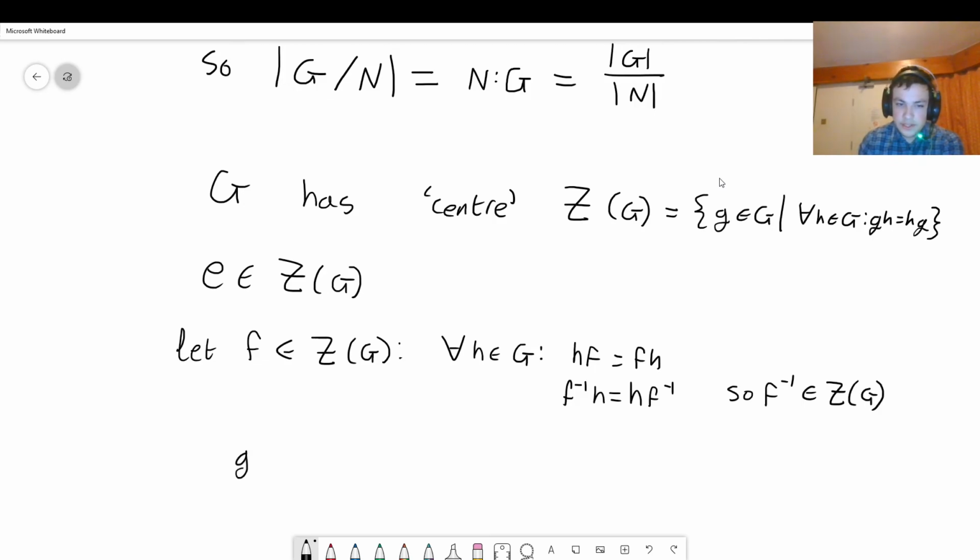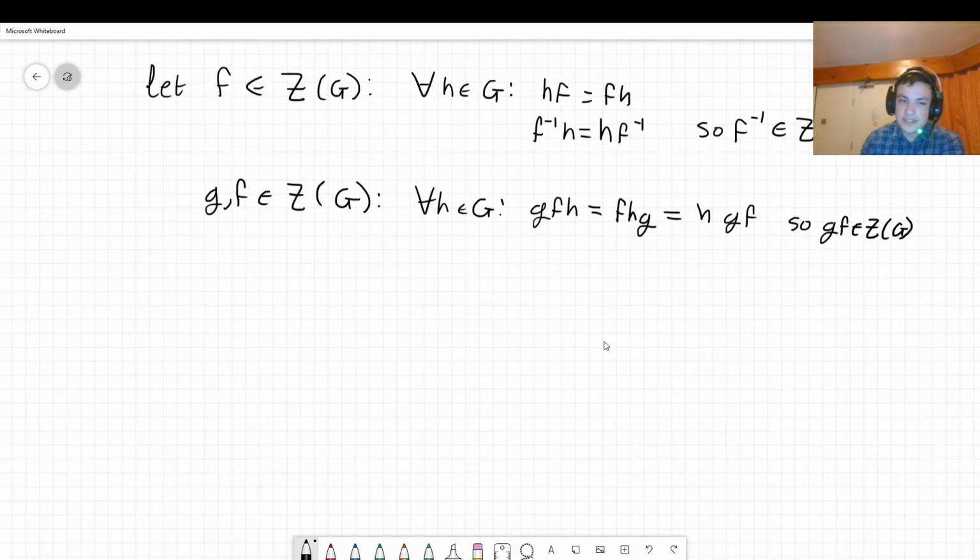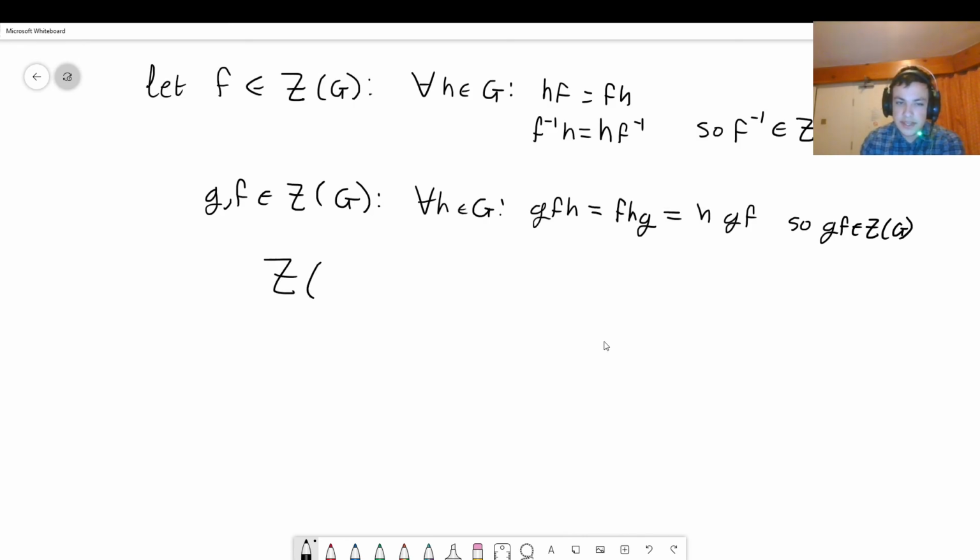And if g and f belong to the center, then clearly for all h in G, gfh, we can pass the g across to the other side because g commutes with all elements of G. So we get fhg, but then so does f, so we can pass the f through as well. So we get hgf, so gf is in Z(G), which means that, of course, Z(G), the center, is a subgroup.